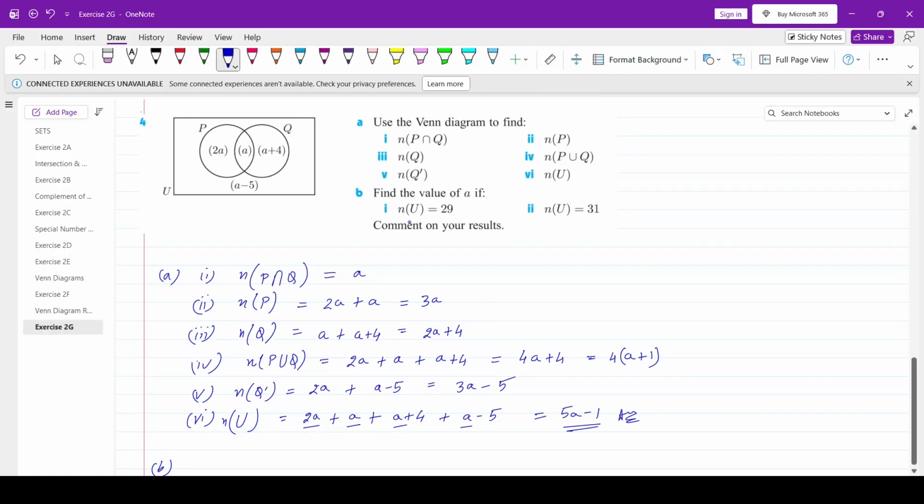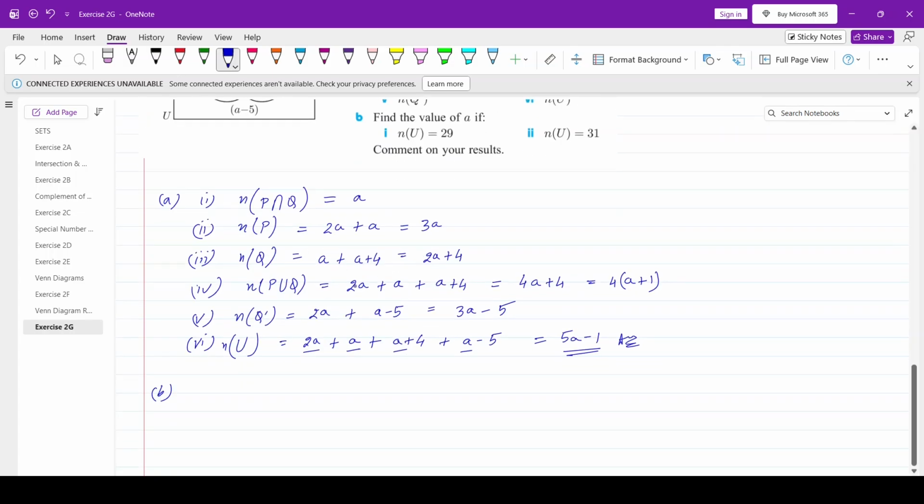Section B. Find the value of a if the number of elements in the universal set is 29. So we know the number of elements in the universal set is 29, and from the formula above, the number of elements in the universal set is 5a minus 1.